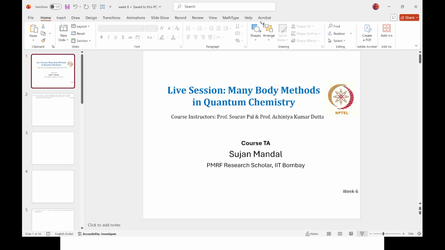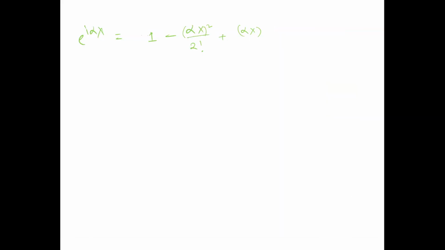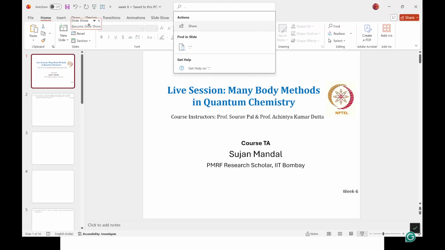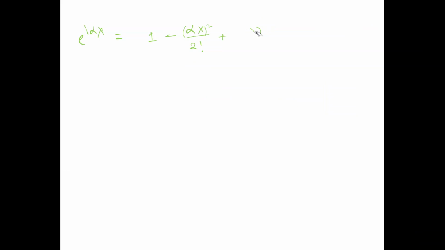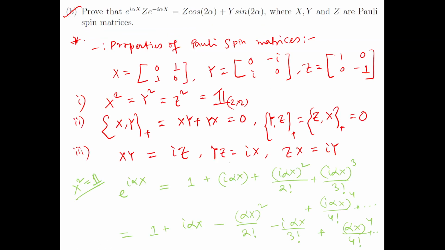Now if you club all these terms together, e to the power i alpha x, you have 1 minus alpha x square divided by 2 factorial plus alpha x to the power 4 divided by 4 factorial.